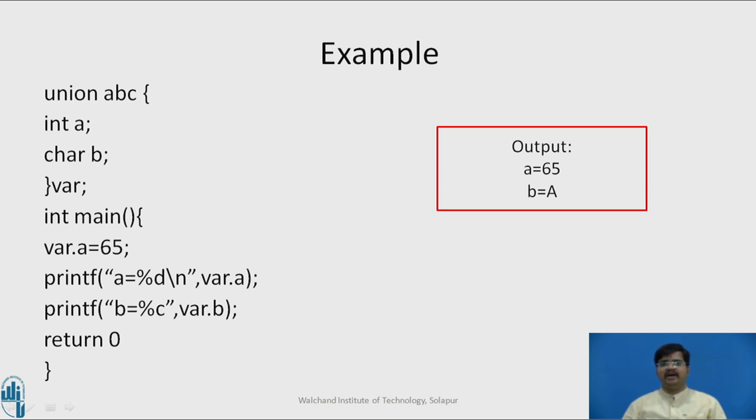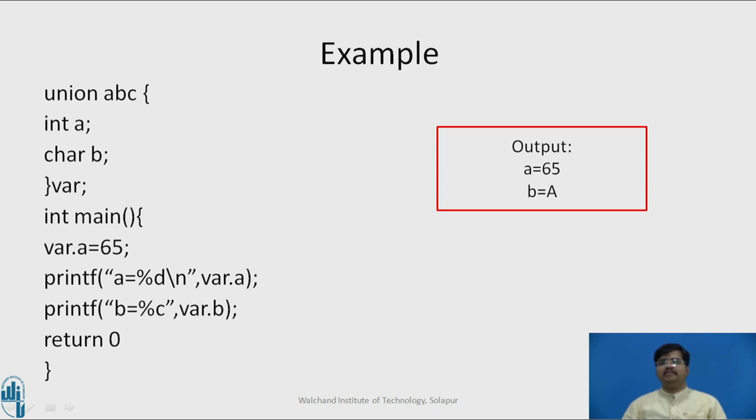So var is a variable of the union, and a is data present in that particular union. After that, printf a equal to %d, comma, var dot a; printf b equal to %c, var dot b; return 0. Whenever we use int main, we have to write return 0.